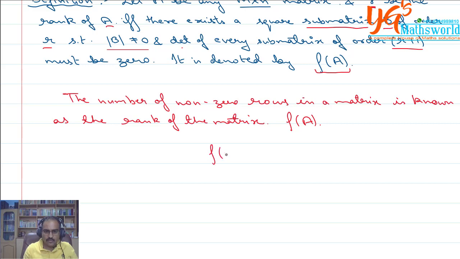So rank of A is always less than or equal to the minimum of rows and columns. Okay, for example, if I have a square matrix, let us suppose the matrix is of order 3 by 3, so rank of A will be at most the minimum of 3 and 3.